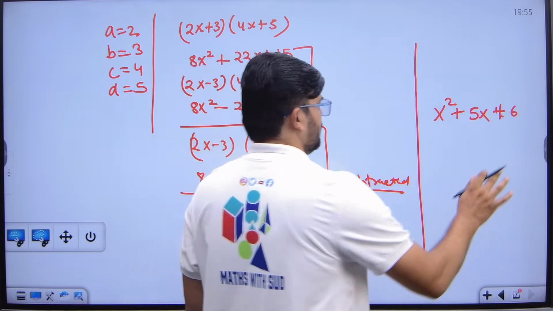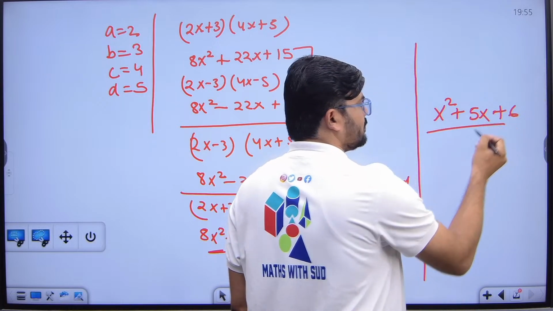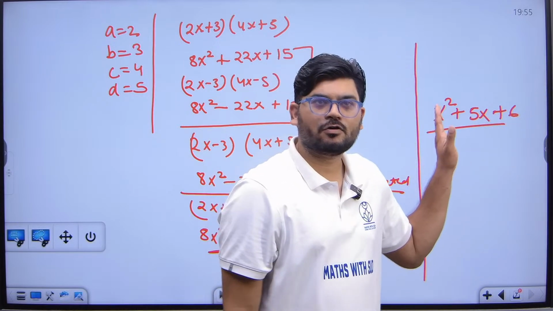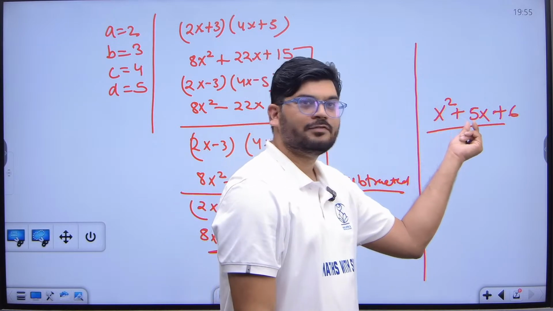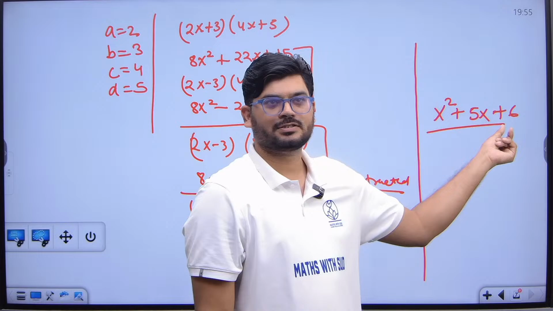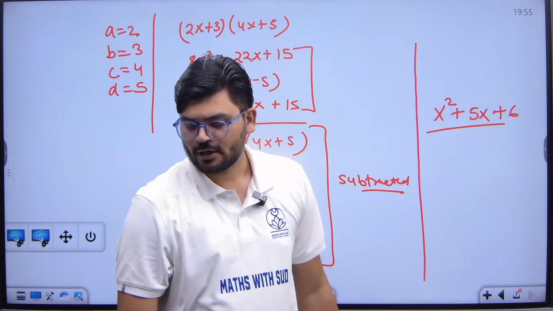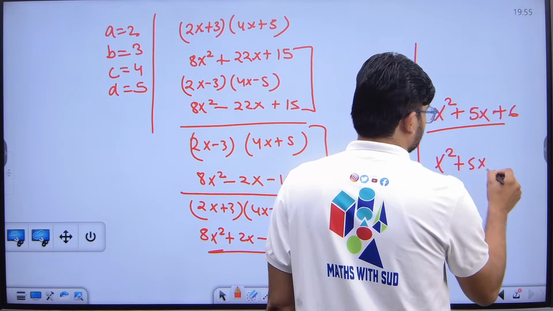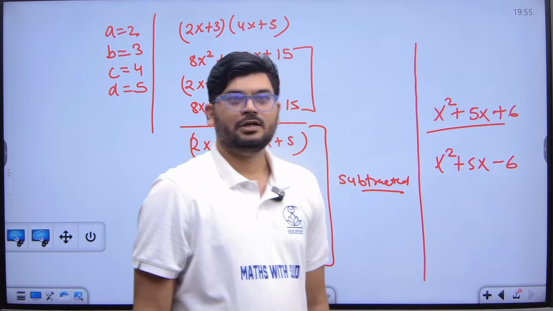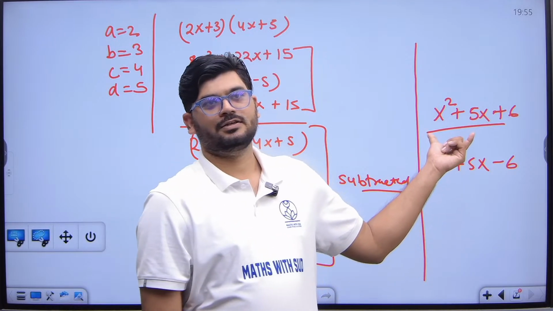I told you, if the coefficient of x square is 1, you have to look for two numbers which add to give 5 and multiply to give 6. So this is the famous one, very easy, x plus 2, x plus 3. But sometimes you may get a question like this, and you know what students do? x plus 2, x plus 3.